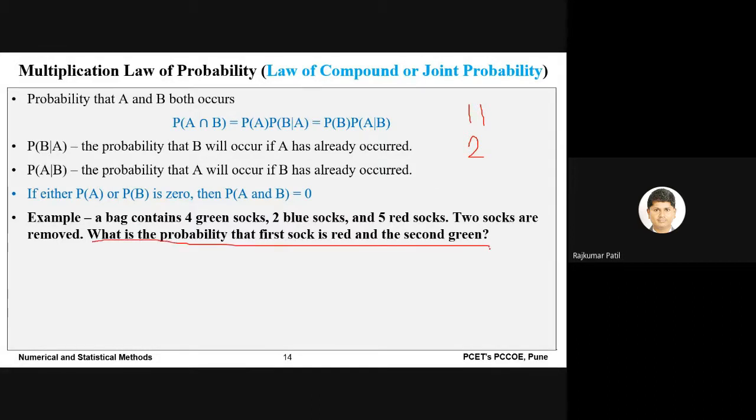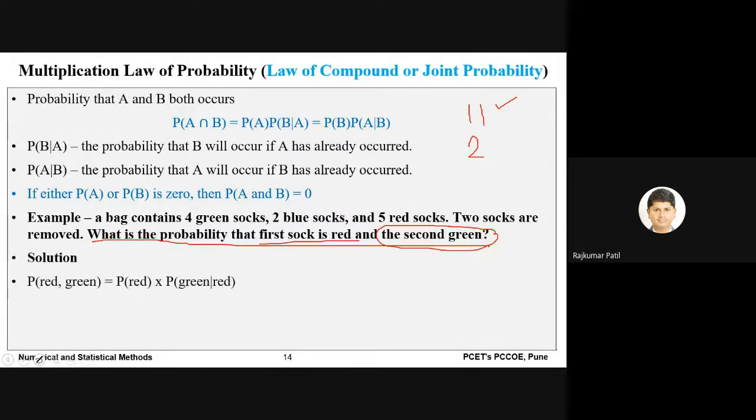You have to calculate the probability that the first sock is red. In the bag of 11 socks, when you remove the first sock, the probability that it will be red color. Then when you remove the second sock, what is the probability that it will be green?